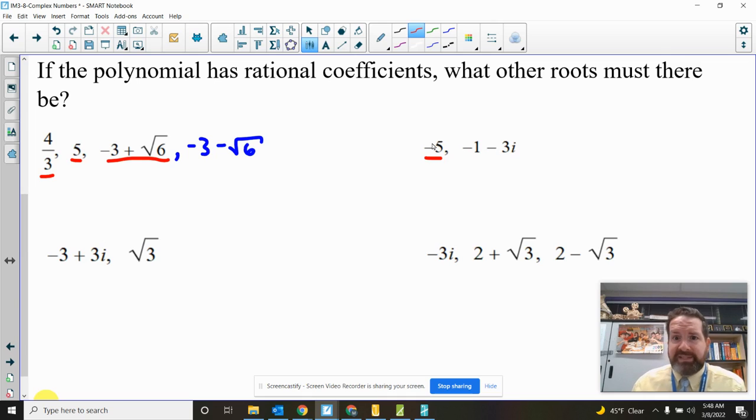We don't know anything else based on that. This next one does have an i in it. So if -1 minus 3i is a root, according to our complex root theorem, -1 plus 3i must also be another root. And again, we're assuming we're starting with a polynomial that has rational coefficients. Then we're guaranteed that those roots come in pairs like that.